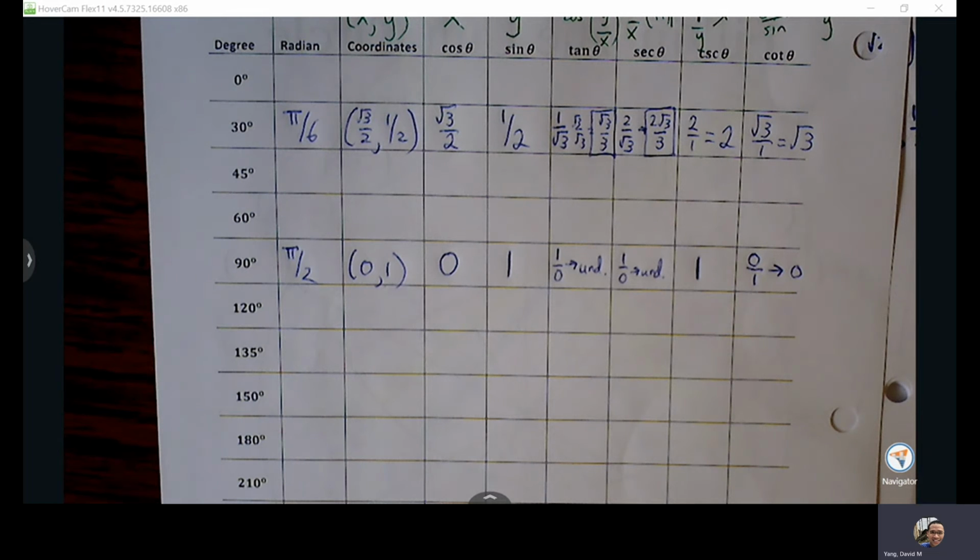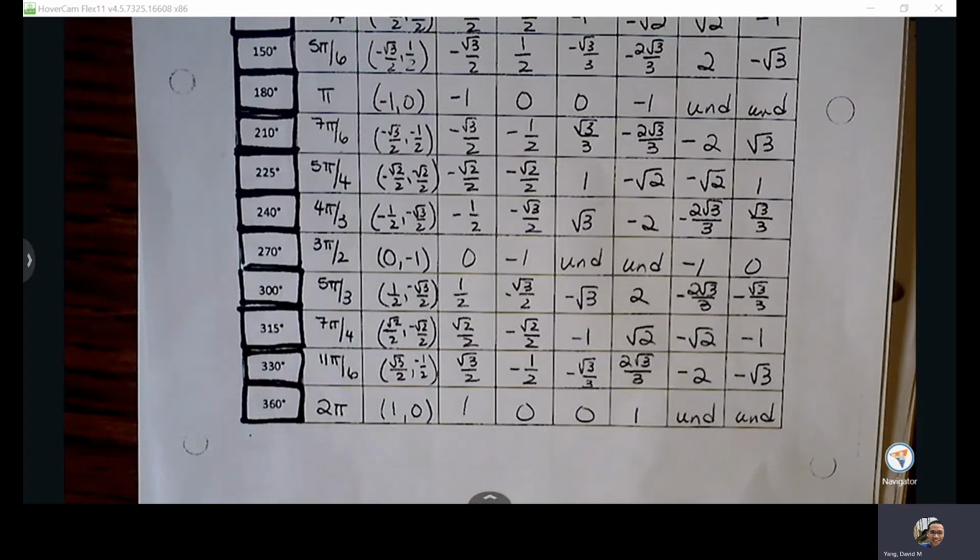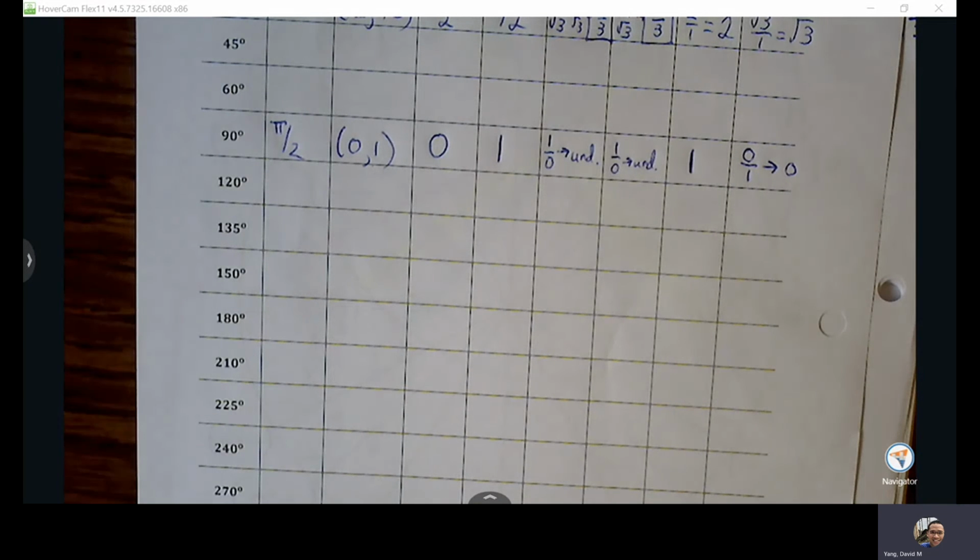You got it. That's right. Yeah, you can reduce.